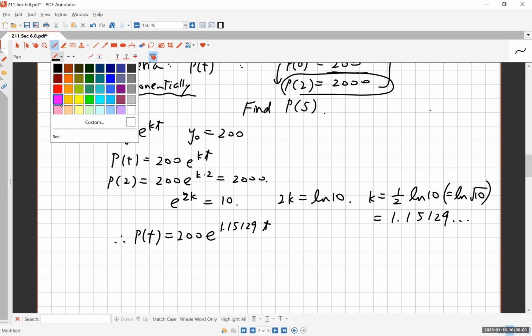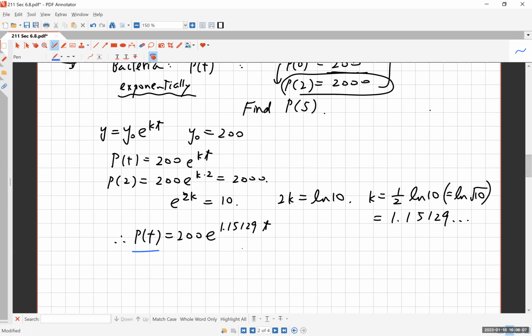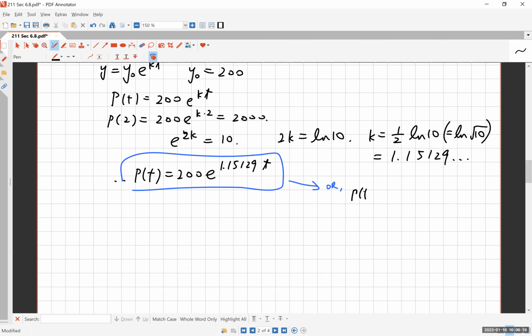I should give you a little side note. If you would rather use something else besides e, you could do that. So p of t is equal to 200 times e to this thing, the constant k.